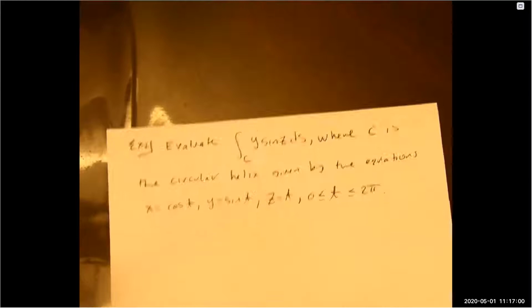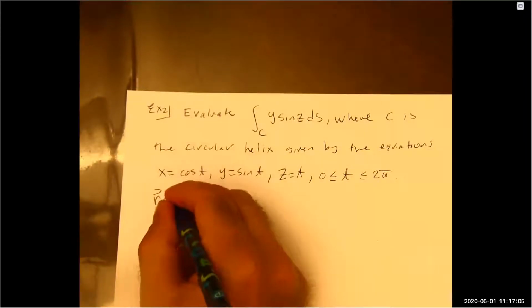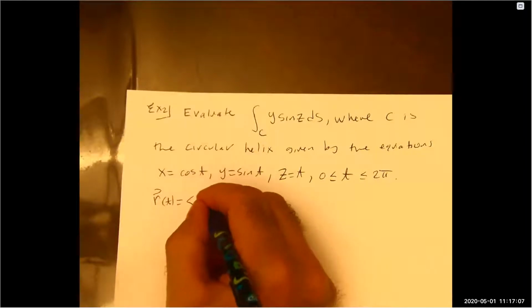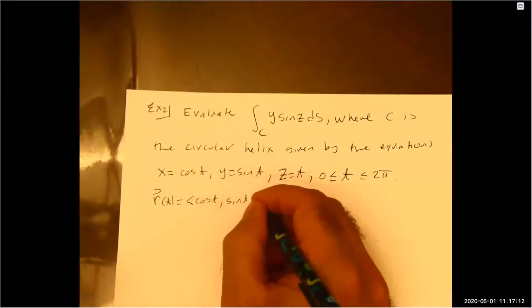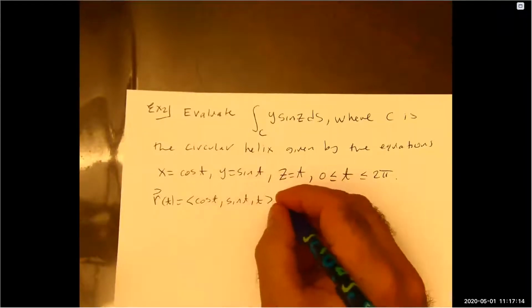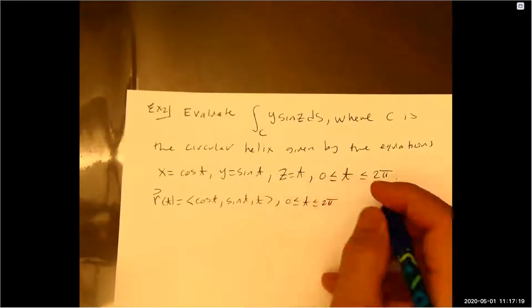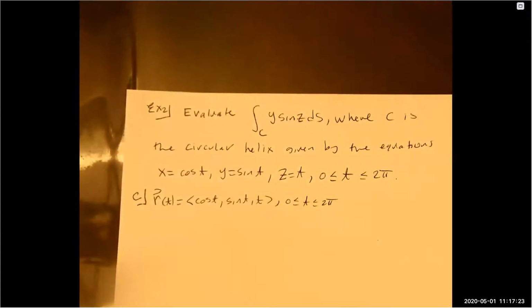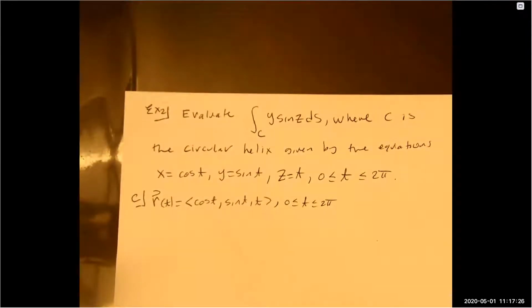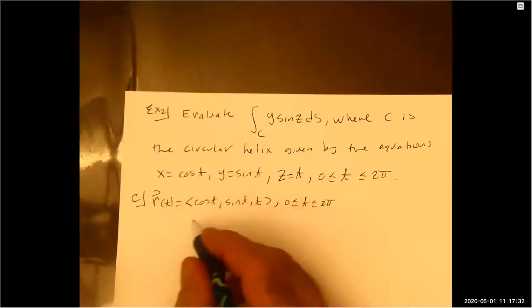So we have that. And so in this case, our vector function, we could write it as cosine t is the first component function, and sine of t, and then t. So this is our C. And so remember that the formula is that we have to have f of r of t, and we have to multiply it by the speed.